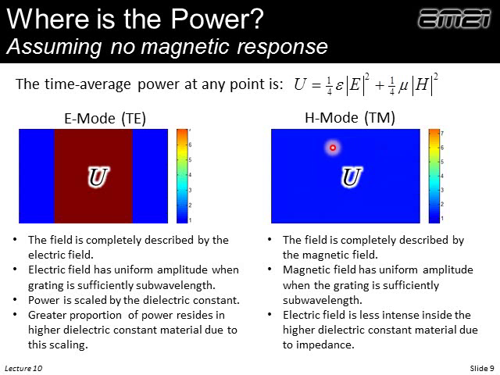However, most materials don't have a magnetic response, so we're ignoring it here, and what we see is that we still just have a uniform H field. So we end up having less of the energy inside the dielectric for the H mode, whereas over here there is more energy inside the dielectric than the H mode. So if more of the power is inside the dielectric for the E mode, we would expect that to have the higher effective dielectric constant. And that's exactly what happens.